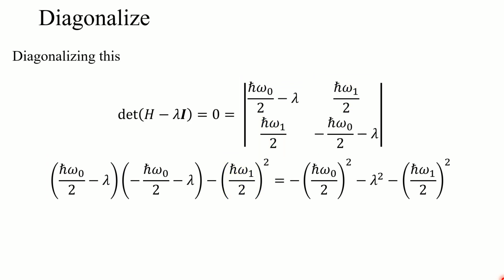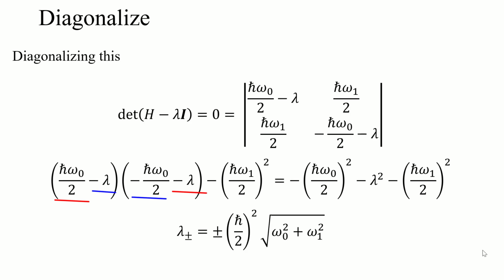Going through all that algebra, in the diagonal terms, the cross terms, the h bar omega 0 over 2 times lambda, cancel with the other cross term. So we end up with that, and you can see that the eigenvalues for our Hamiltonian are plus or minus h bar over 2 times the square root of omega naught squared plus omega 1 squared.